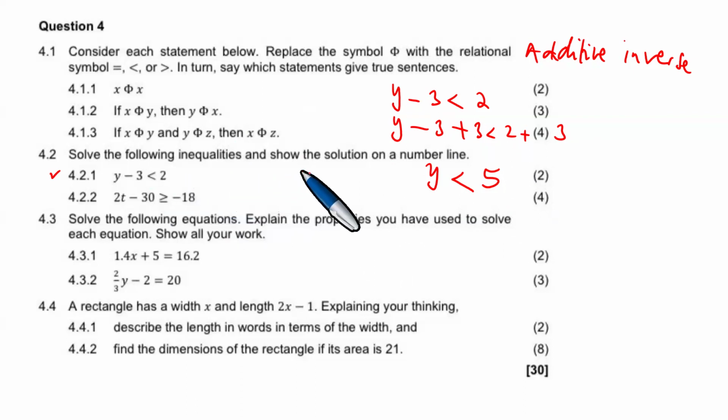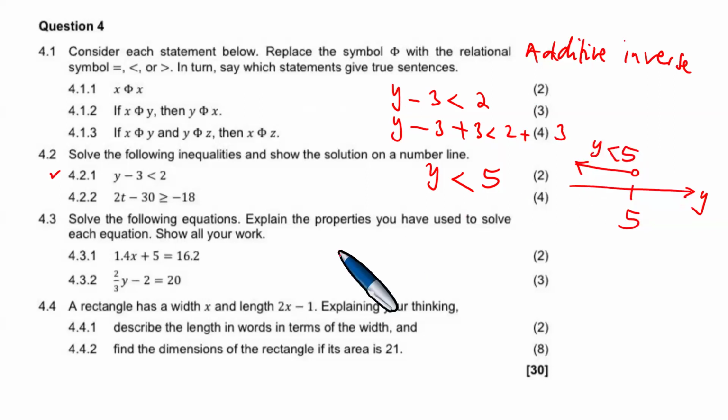And then now we need to show the solution on a number line. So we have 5 there, and y is less than 5. And this means, therefore, that y itself is less than 5.